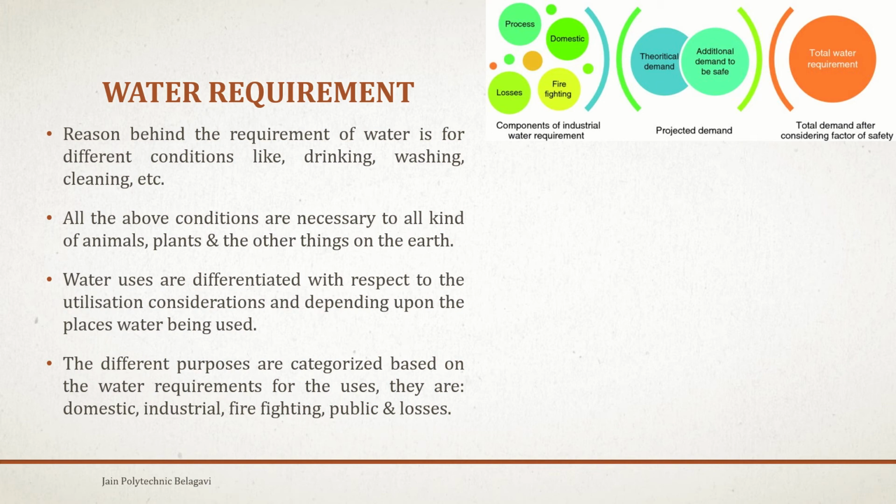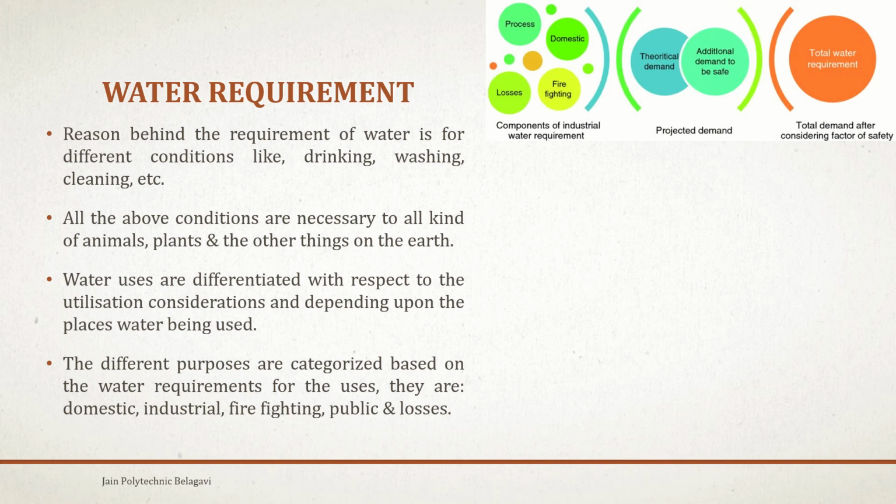So in this image you can see how the water is required. First, the components of industrial water requirements: the process, domestic, firefighting, and the losses. In the sense, whatever the process it's been taking for water supply, water treatment, and other things. Similarly, when it is being treated, it is being sent to the domestic purposes.